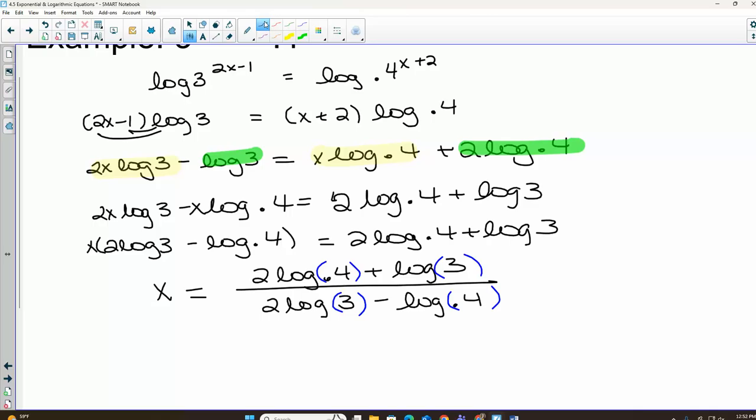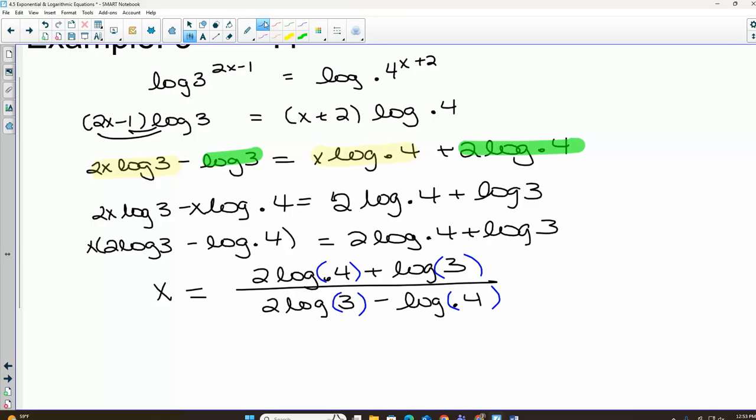I thought the 3 was the 2 log. So then did that switch? No, we have the same thing. It's just this divided by that.